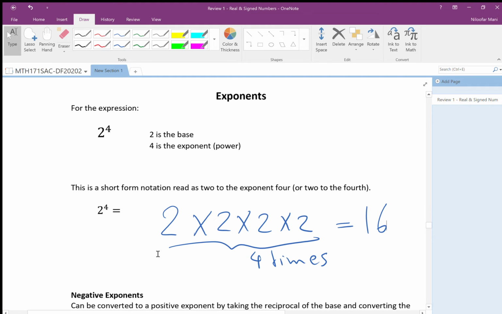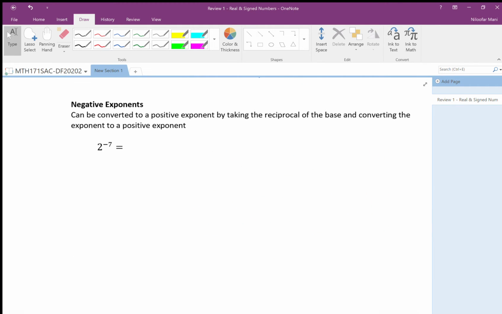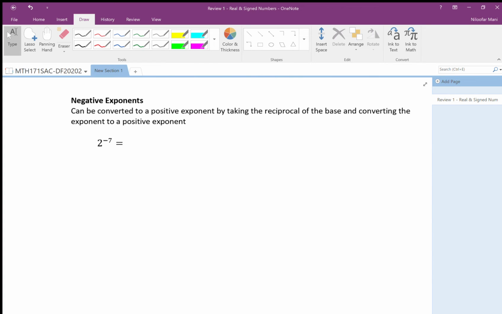Okay, so that's that. How about negative exponent? Here is when I see students have problems, so I like to talk about it. When you have 2 power minus 7, you can move the number from top to bottom and change the exponent sign. So this is 1 over 2 power 7.